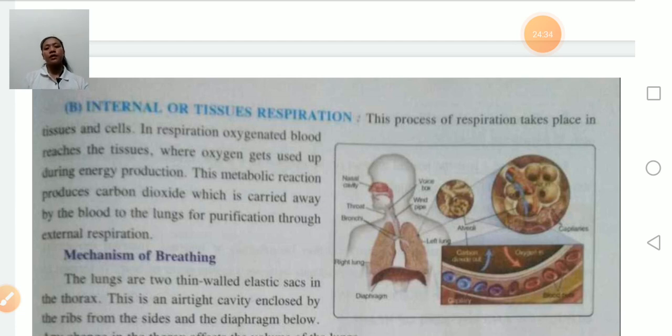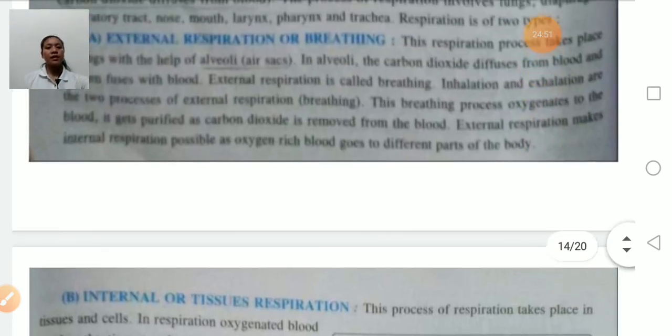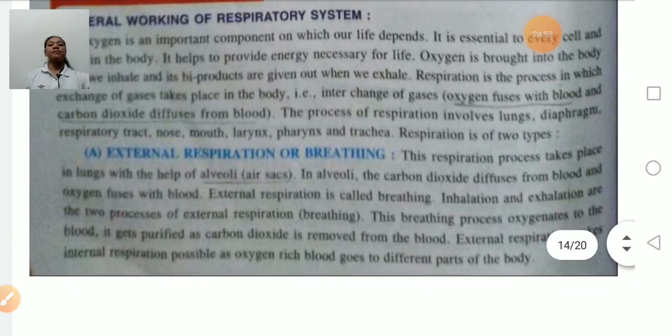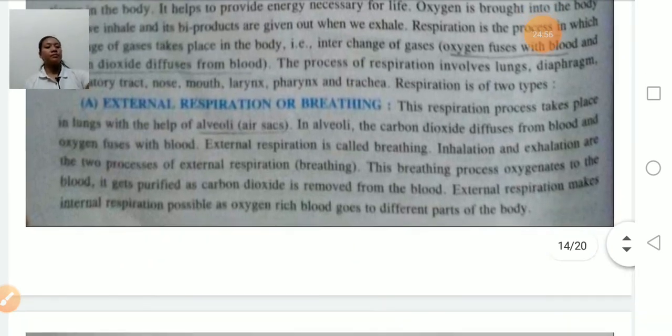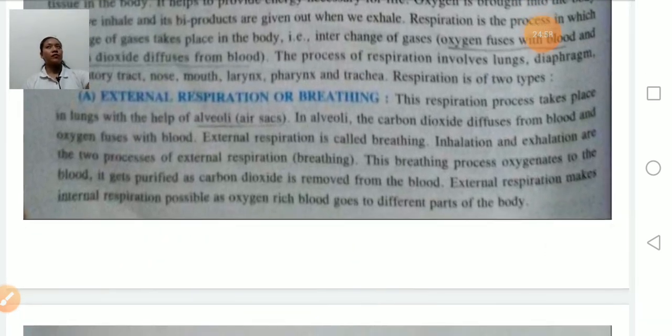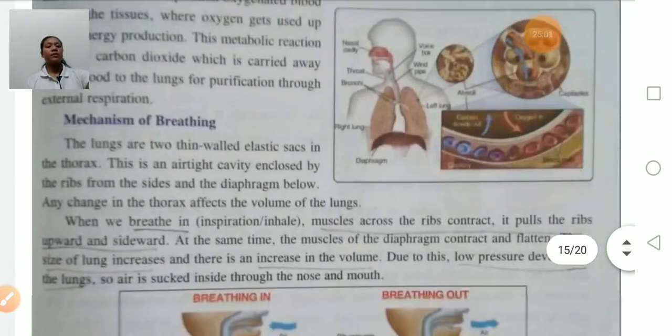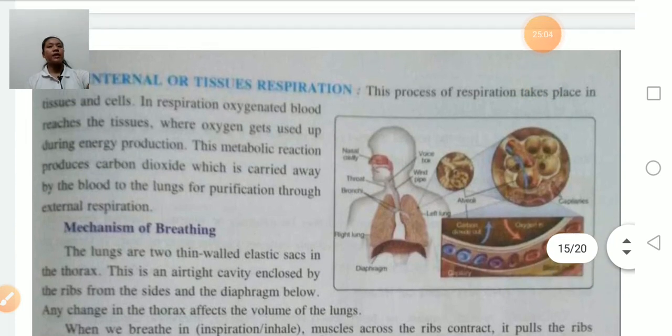That carbon dioxide is diffused into the blood for purification in the lungs. Okay, external, internal. External is between lungs and blood: in the lungs, oxygen is diffused into the blood, and carbon dioxide is diffused from the blood. And internal means between the blood and the tissue.